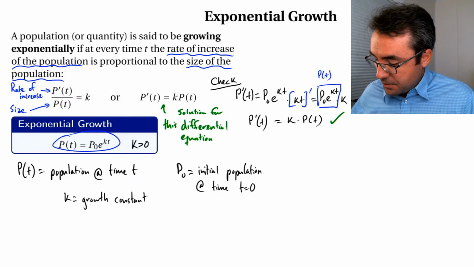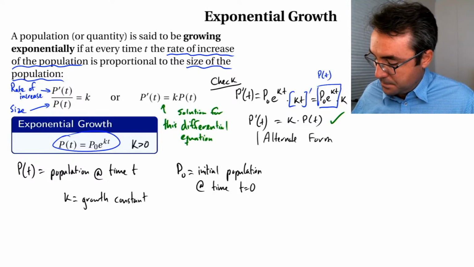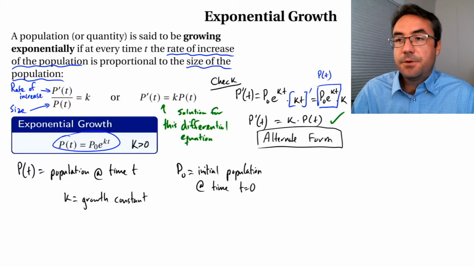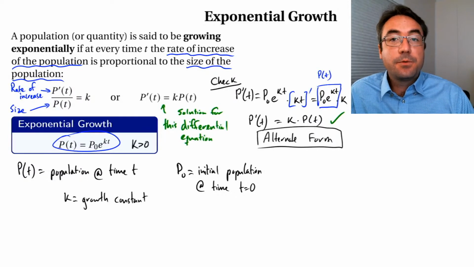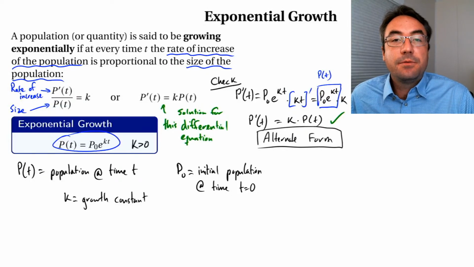And then there is an alternative format that we could think of as well. So there is an alternative form for this growth equation, and it's to write it in terms of the exponential function with base 2.